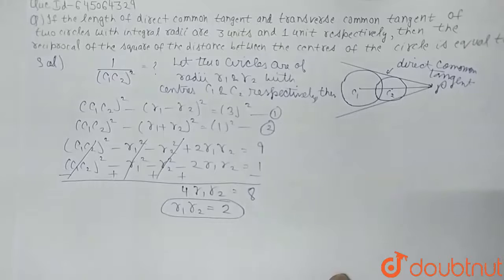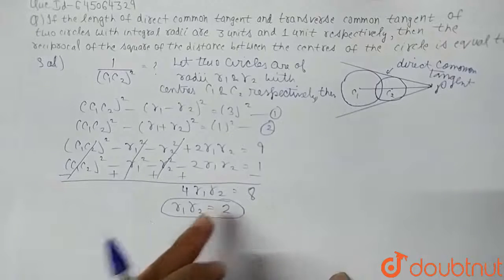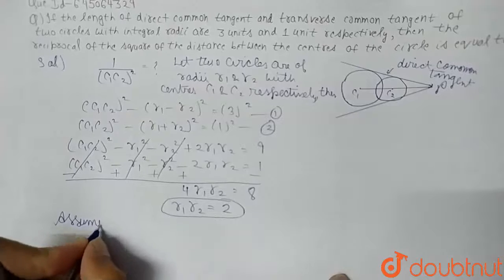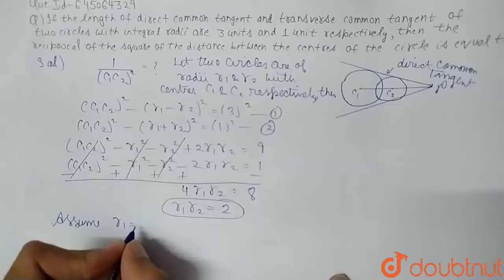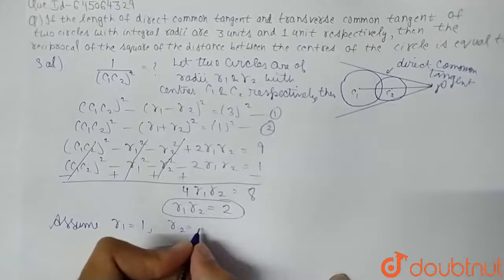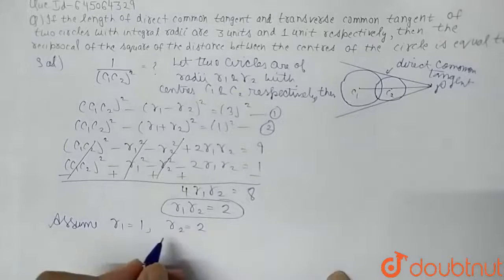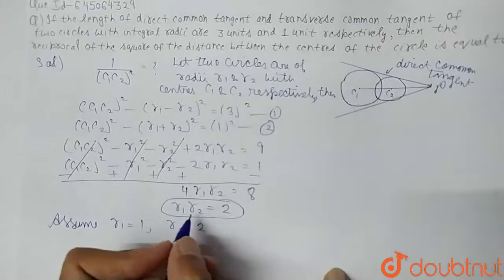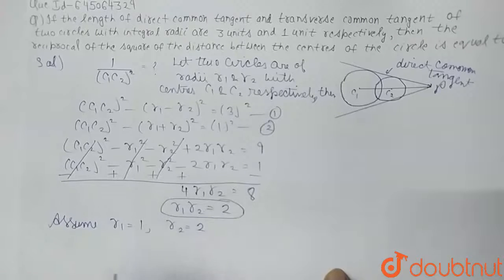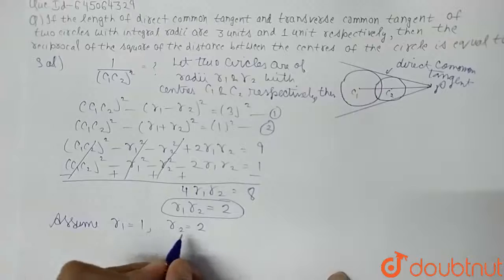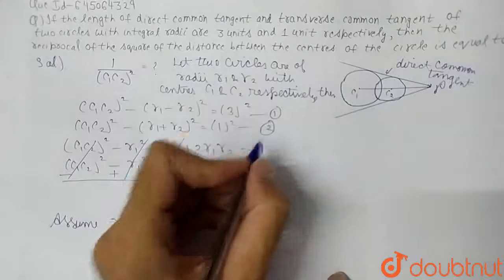Now let us assume R1 is equal to 1 and R2 is equal to 2, because R1R2 is equal to 2. Now we will put the values of R1 and R2 in our second equation.